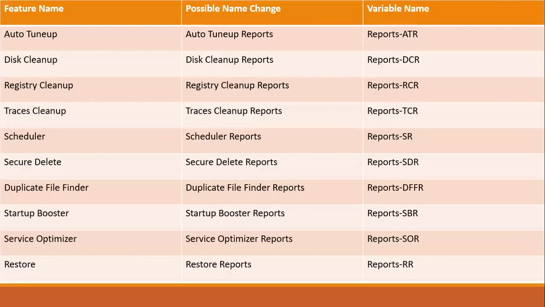So if you have a feature name, auto tune up, and there is a possibility of a name change for that feature, where it can change to auto tune up reports, then it's a good idea to have a variable and a name assigned to it, and then use this variable whenever you are creating content or documenting that.